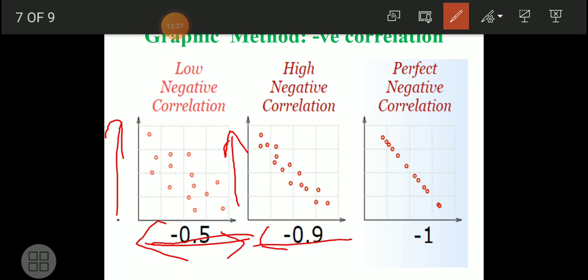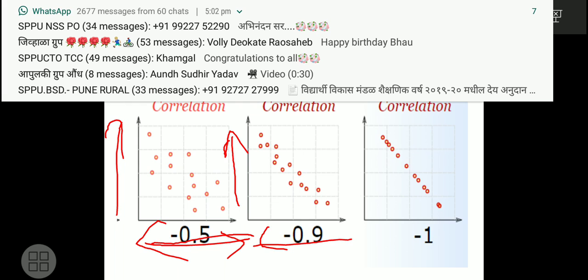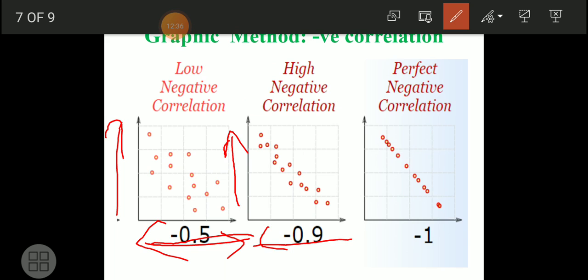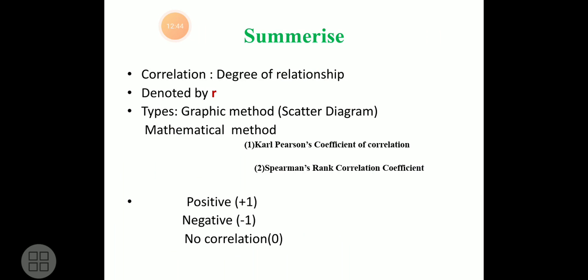So when such things happen, we have high negative, perfect negative, and low negative, where there is not that much negative correlation. Now correlation is the degree of relationship.